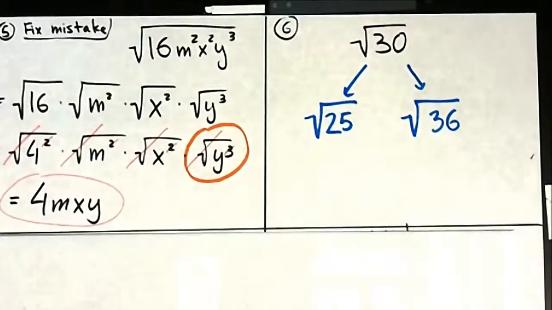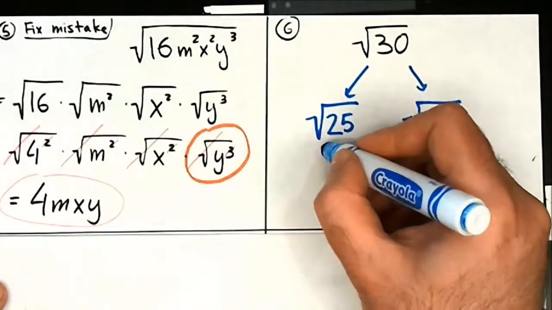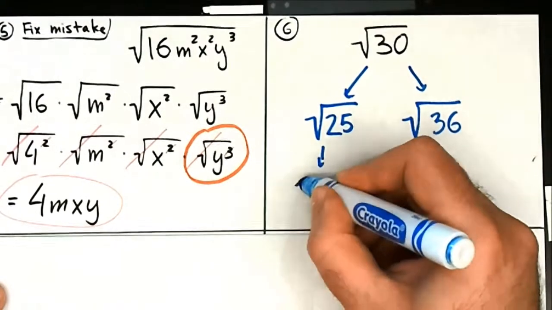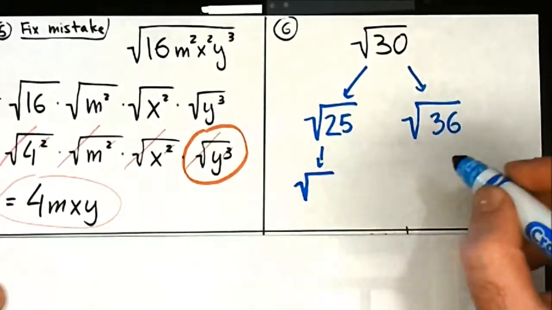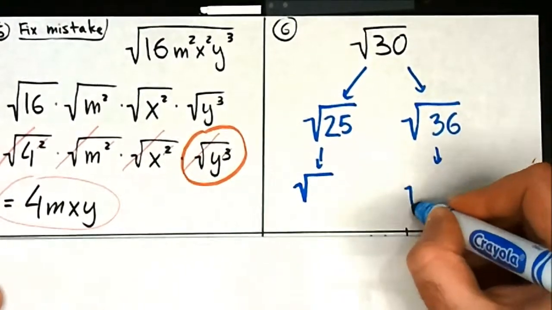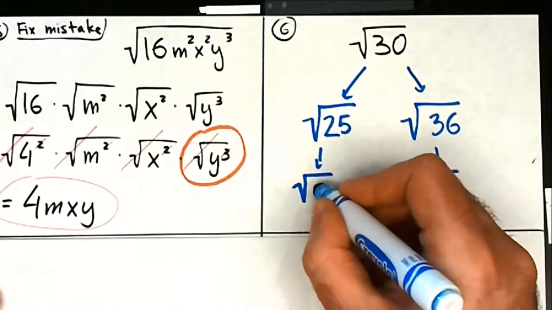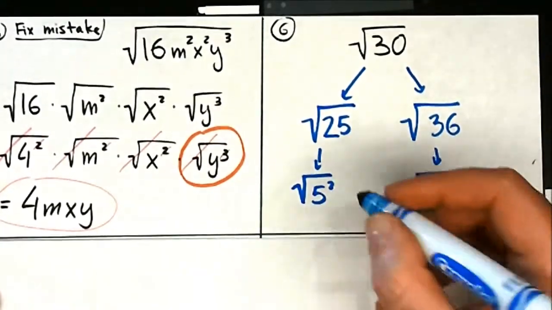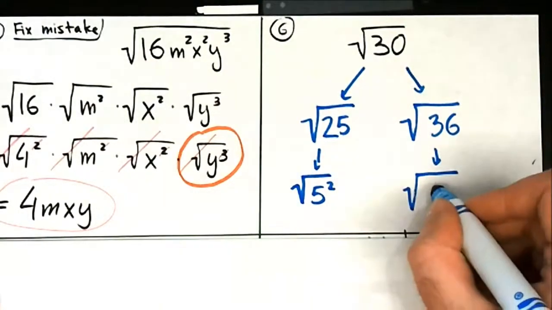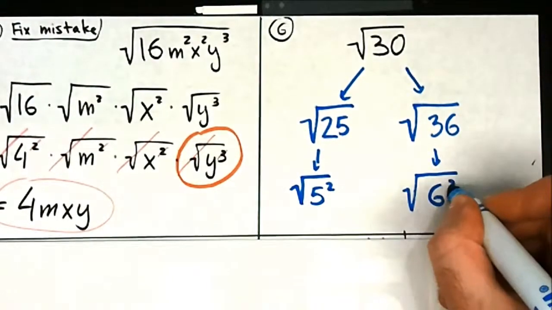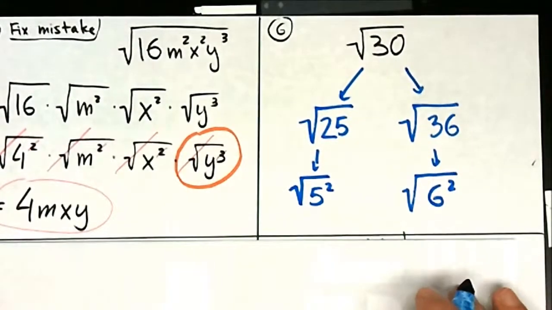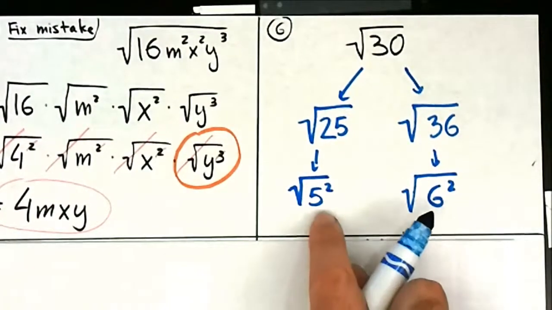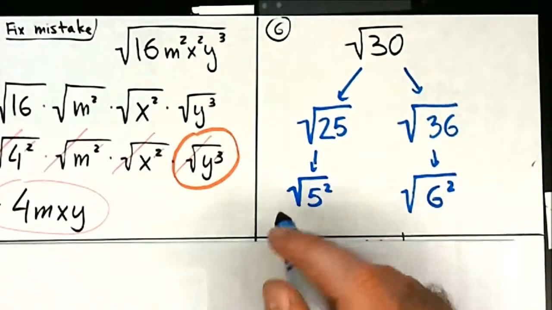What are the exponential forms of 25 and 36? For 25, it's 5 to the second power, or negative, but we're going to go with the positive, and 6 to the second power. And so what's the answer to this simplification?